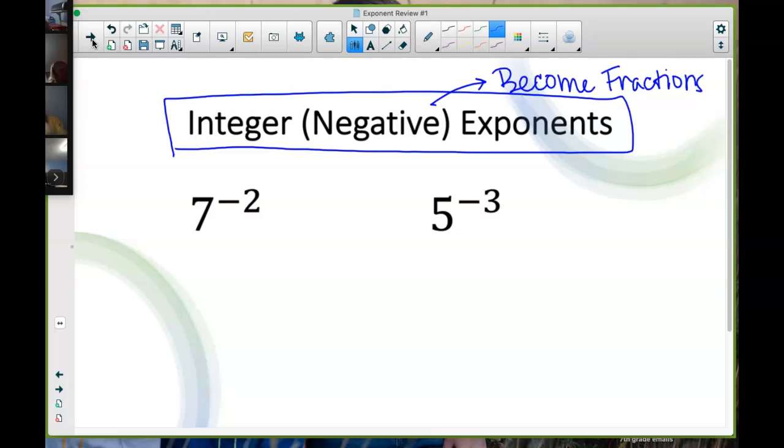When you see 7 to the negative second power, it's going to become 1 over 7 to the second power. We want to get rid of that negative exponent, so we make it a fraction. Then we can figure out what that equals. That's 1 over 49. Hopefully that's coming back to you.